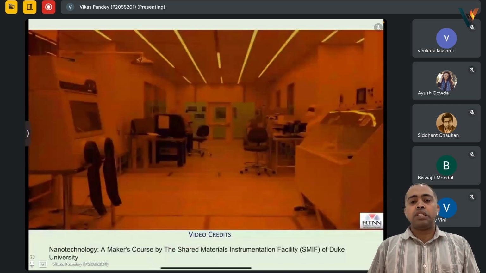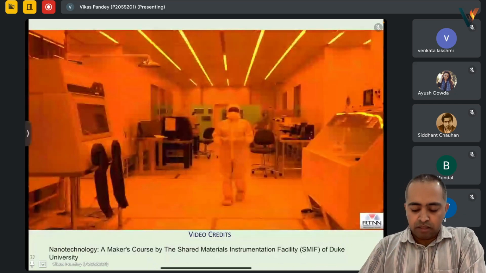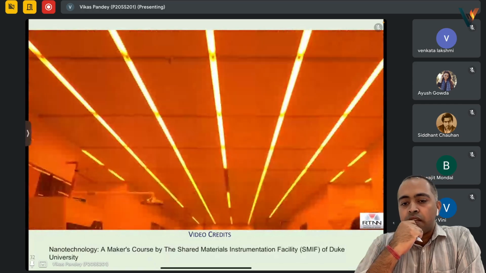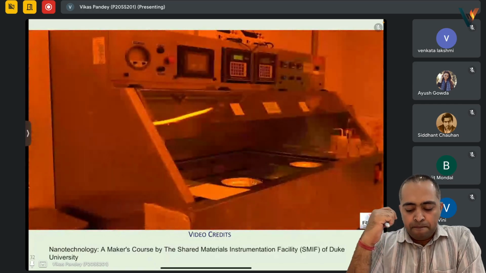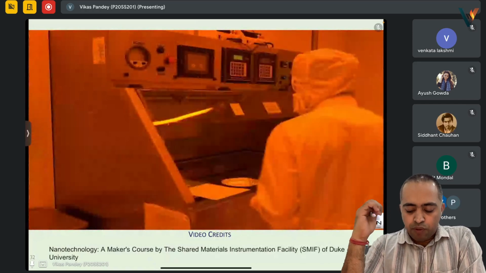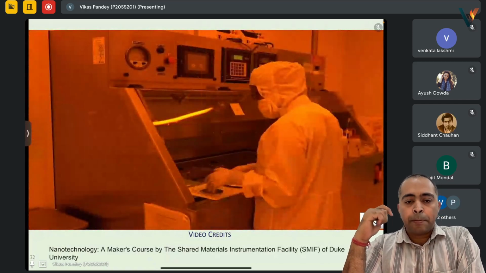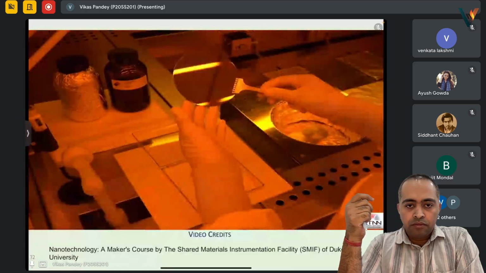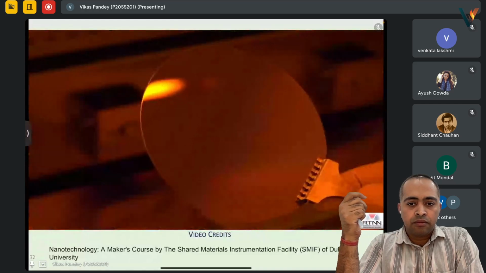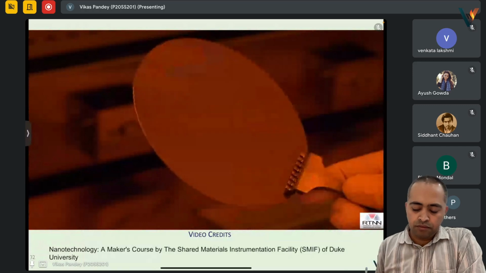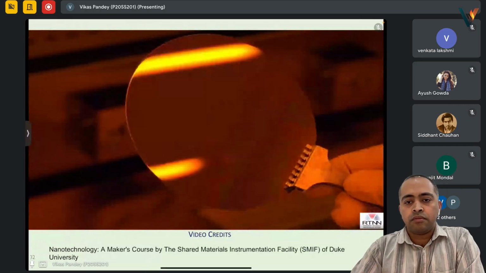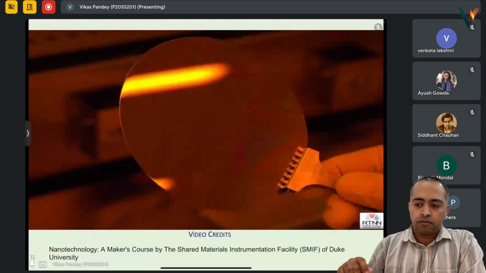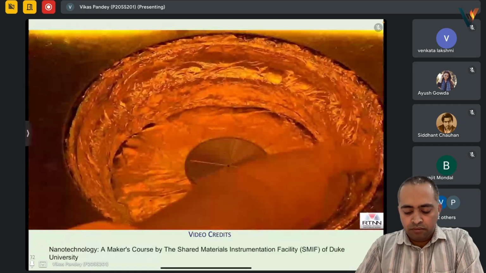If you want to see the whole process, it is like this: in this yellow room, a coated wafer is taken, and this is how photoresist coating is being done. This is the chuck.